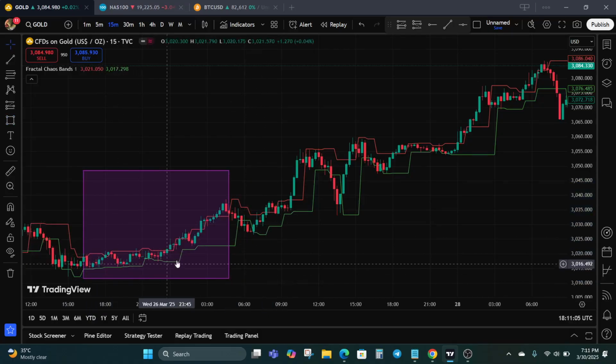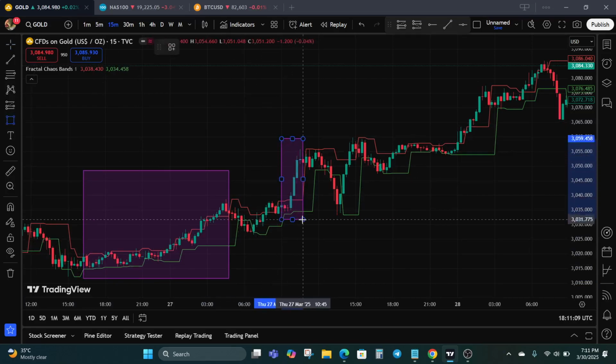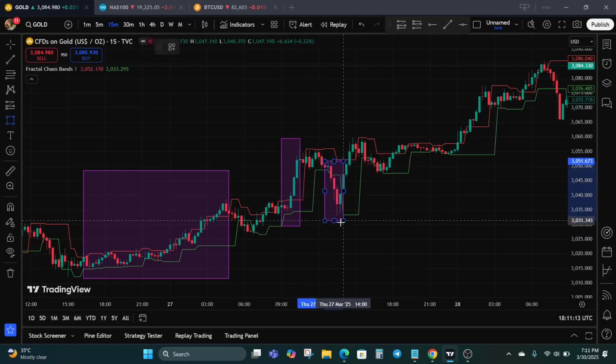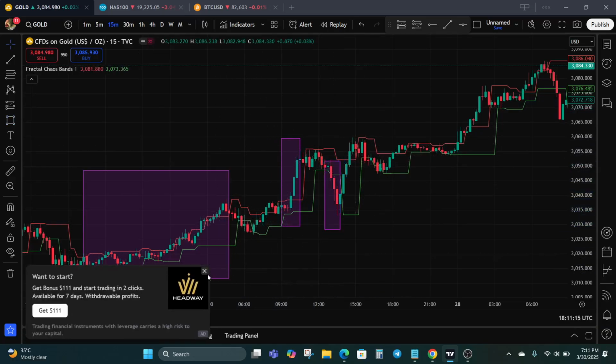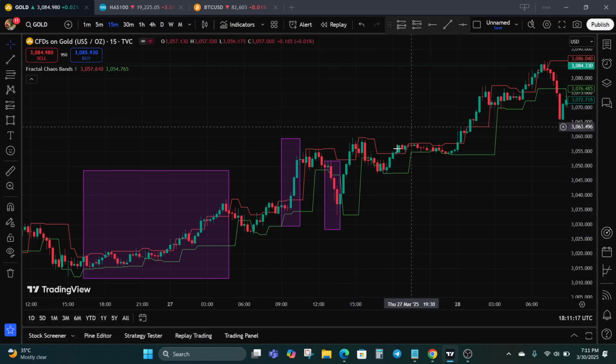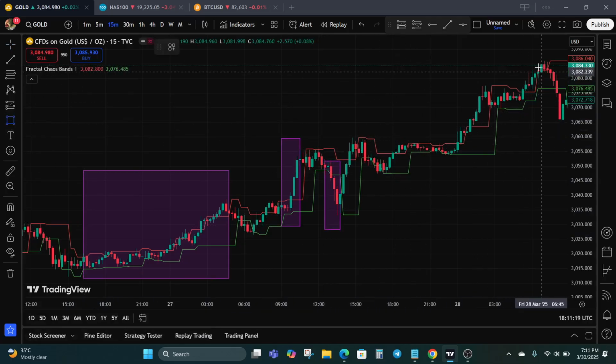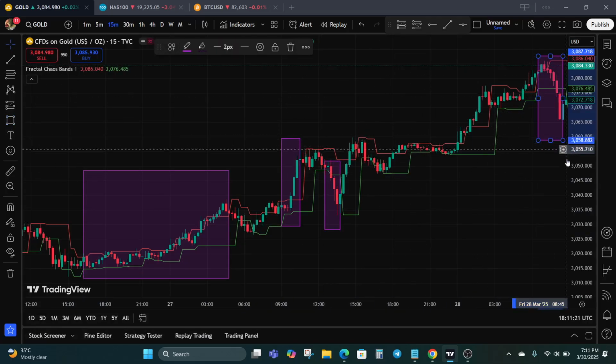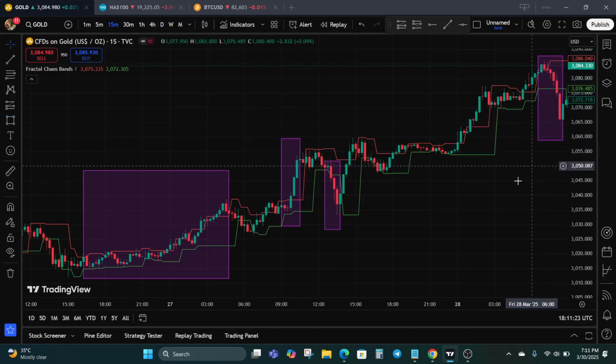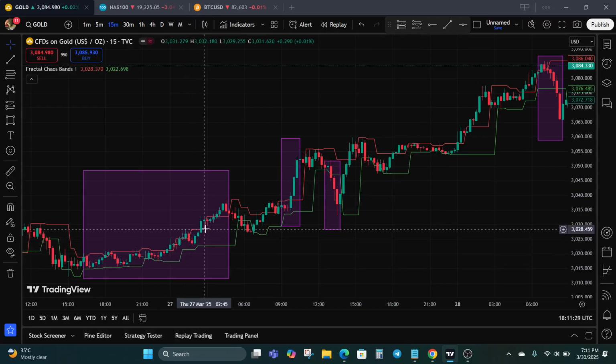There was not a sudden spike, unlike what we had here. You can see that we had a sudden spike around here, right? We had a sudden spike as well to the downside around here, right? So we had another sudden spike around here. You can see a spike to the downside, right? So when price moves steadily within the bands without sudden spikes, it confirms a gradual trend.